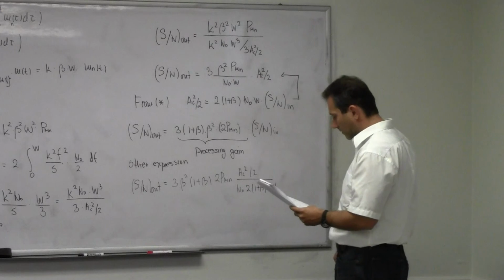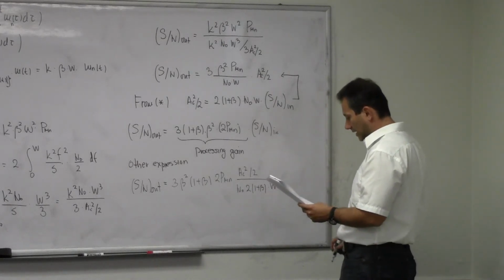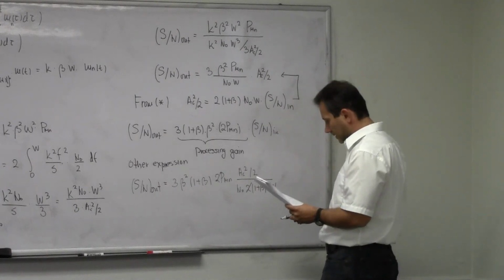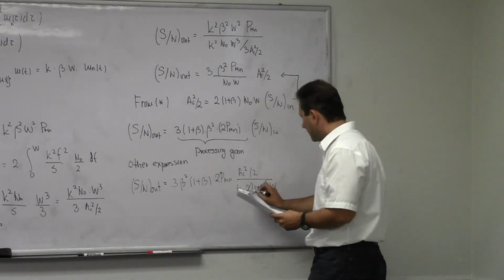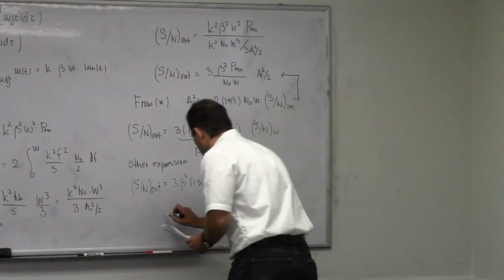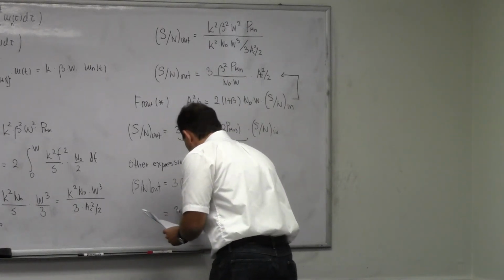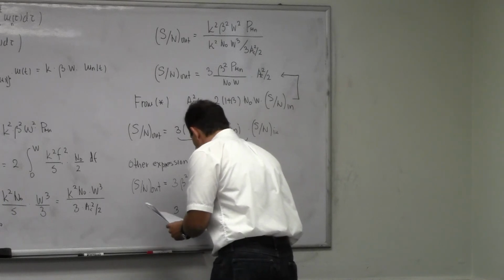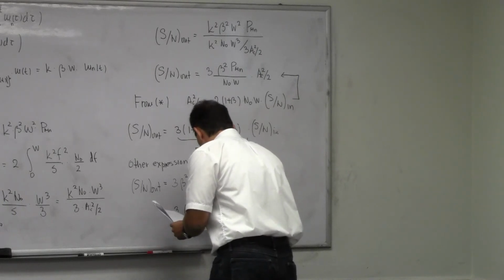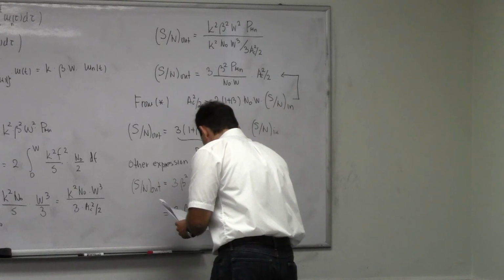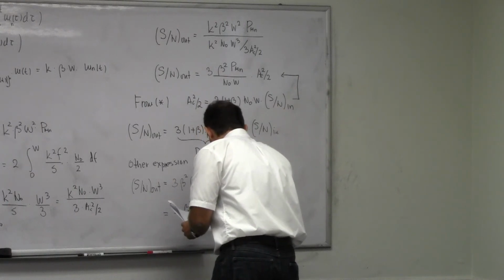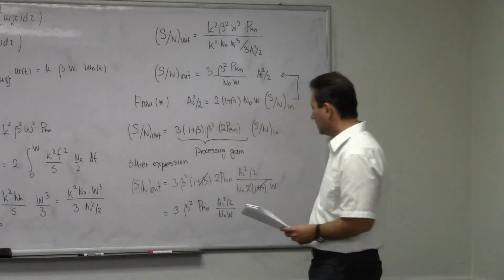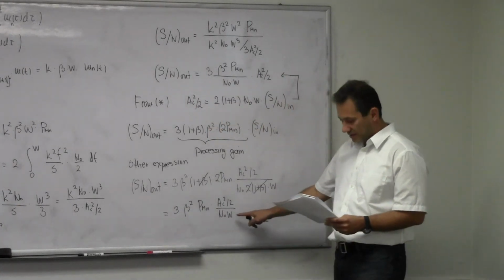Okay? And now, if you cancel some things, this 2 and 2 will cancel, and this 1 plus beta and this 1 plus beta cancel, and you end up with the expression 3 beta squared times the power of the message normalized times Ac squared over 2 over N0 W. So that's an expression that he has in the book.